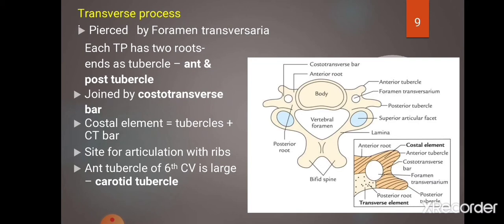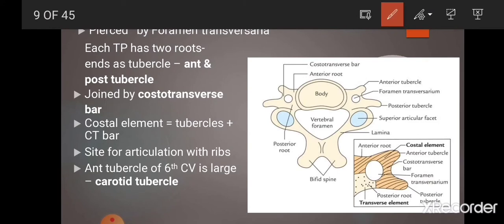The transverse process is pierced by the foramen transversarium, as shown in the diagram. Each transverse process has 2 roots, that is the ends. These are the anterior tubercle and the posterior tubercle, highlighted in the diagram, and these are joined by the costotransverse bar.